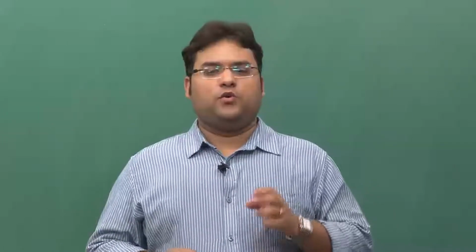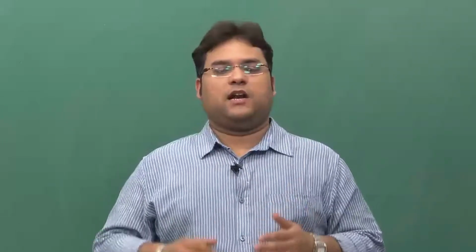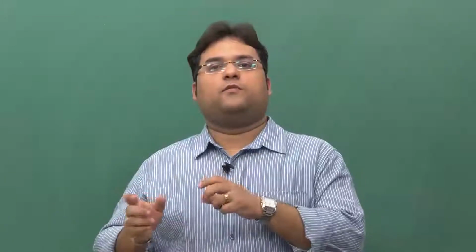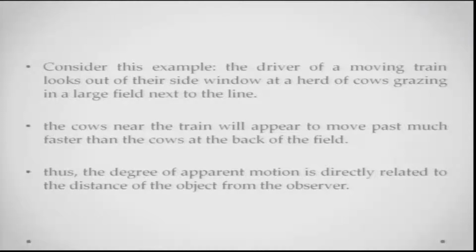Very simply, motion parallax is the principle that the further an object is from an observer, the less it will appear to move. As the object comes closer to us, the motion of the object becomes more pronounced. You're put in charge of a moving train and you're looking outside your window, trying to make sense of the environment around you. You're passing by a field and you look at a herd of cows grazing in a large field next to the railway line.